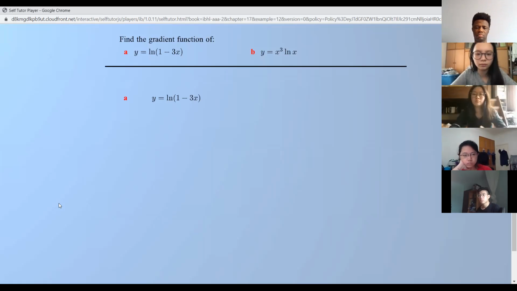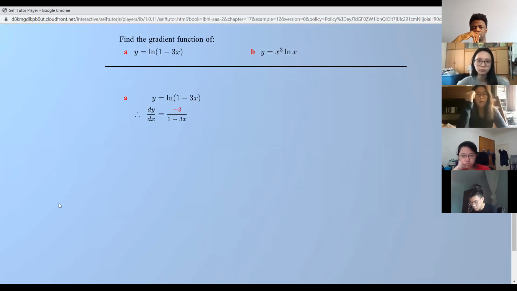The function has the form ln something, so its derivative will be 1 over the something times the derivative of the something. The derivative of 1 minus 3x is minus 3. We can make the fraction look neater by multiplying both numerator and denominator by minus 1.